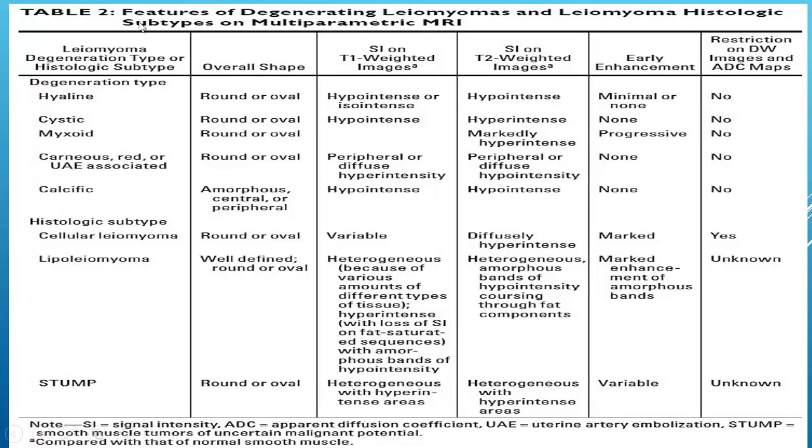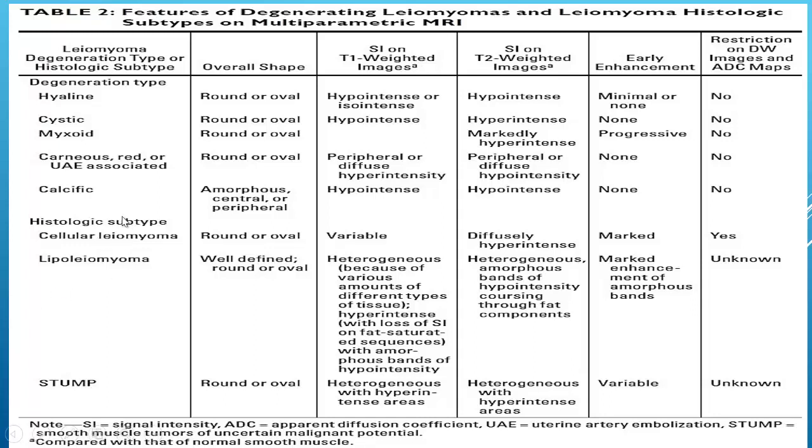This table also shows the features of the degenerated leiomyomas and the different subtypes of degenerated fibroids. In the hyaline degeneration, the cystic degeneration, the myxoid degeneration, and the red degeneration, usually the shape is rounded or oval with a well-defined outline.